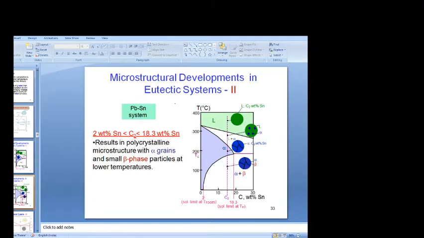And in a similar manner, the beta phase is tin rich, containing approximately 97.8 weight percentage of Sn and 2.2 weight percentage of Pb.